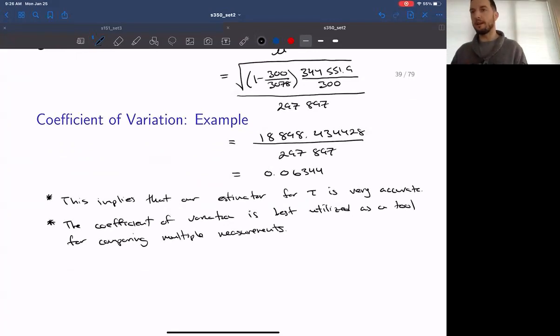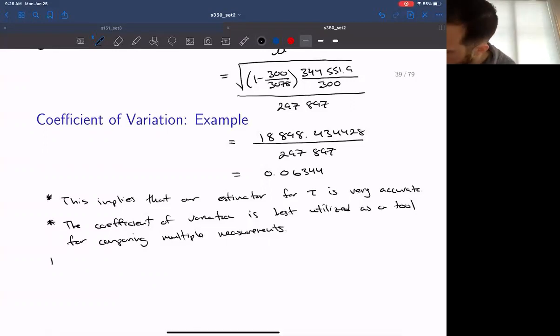What I mean by that is simply under the assumption that we have maybe multiple samples from the same population, we can compute the coefficient of variation for each of those different samples, and then we can compare them. Or, as we will see a little bit later, once we start to develop different sampling strategies, we can actually use the coefficient of variation to compare estimators across different sampling strategies.